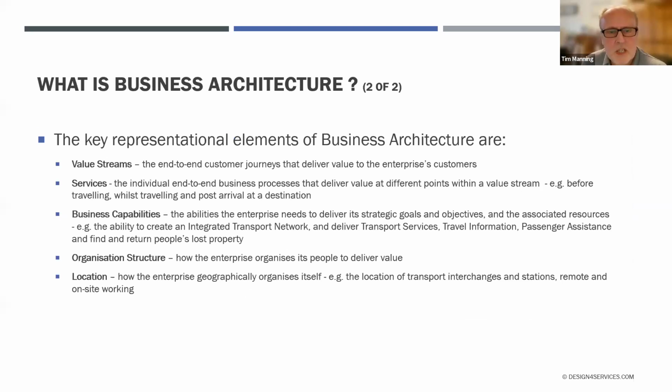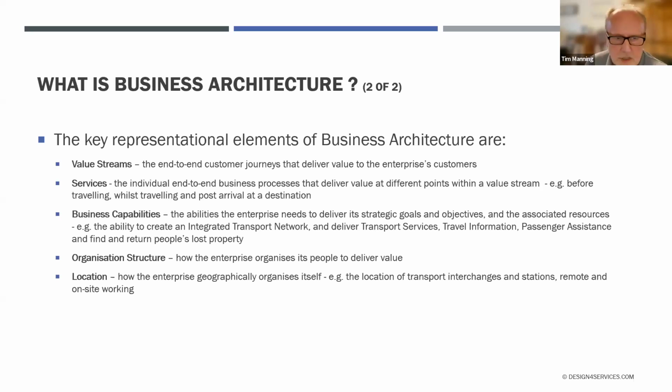So we represent the operation through visualizations, diagrams, and associated data. And those elements are something called value streams, which shows the end-to-end customer journey and how we're delivering value to the customer.